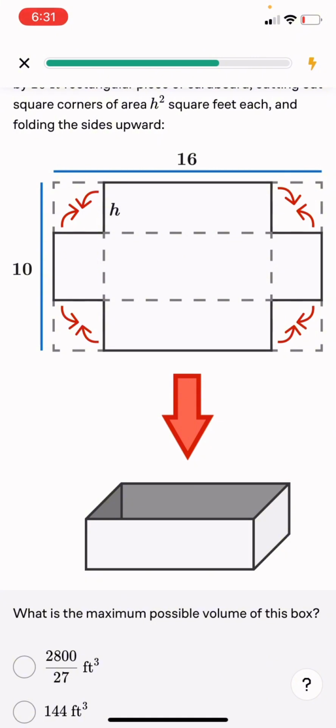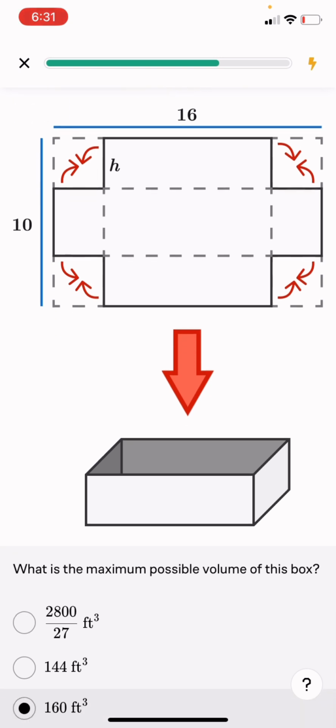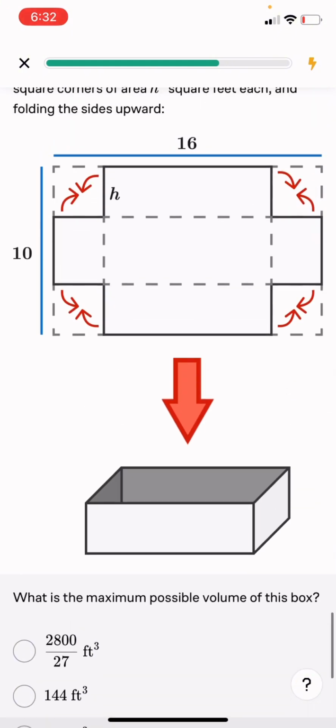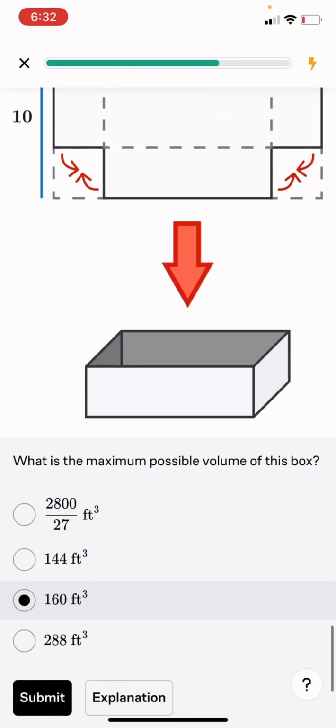I know how to understand the volume of a rectangle, definitely. But maximum volume.